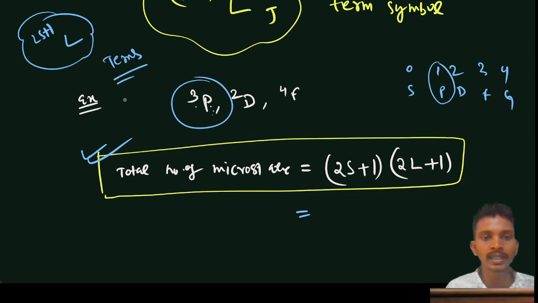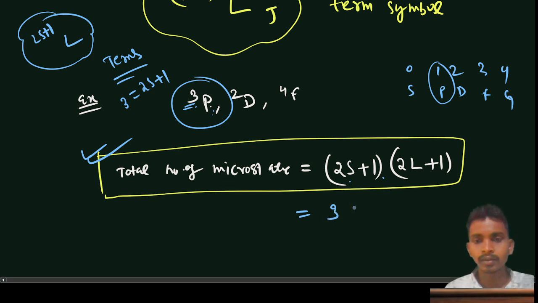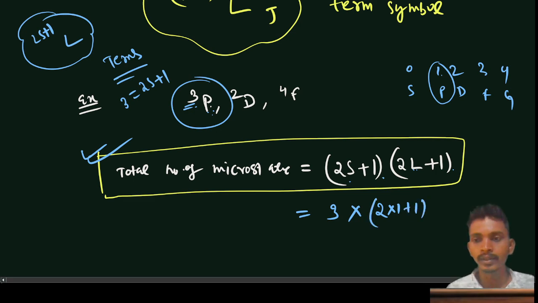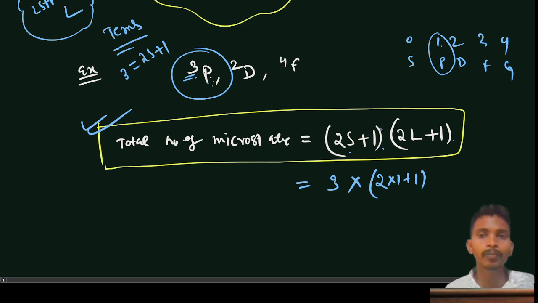This 3 represents 2S + 1, so I will put 3 into 2L + 1. P is equal to 1, so the L value is 1, so I will put 2 times 1 plus 1. According to the formula I will put it.